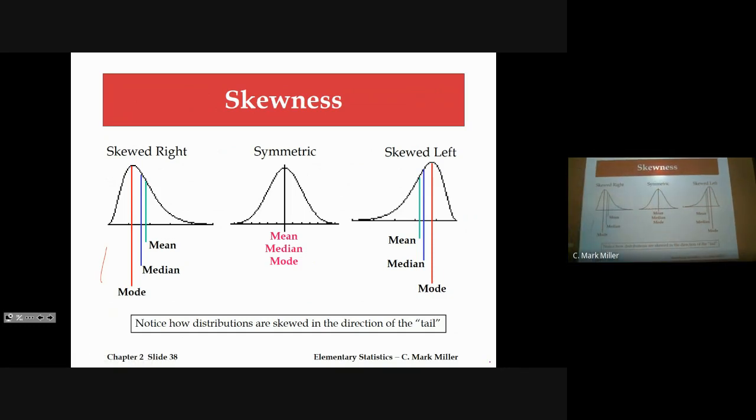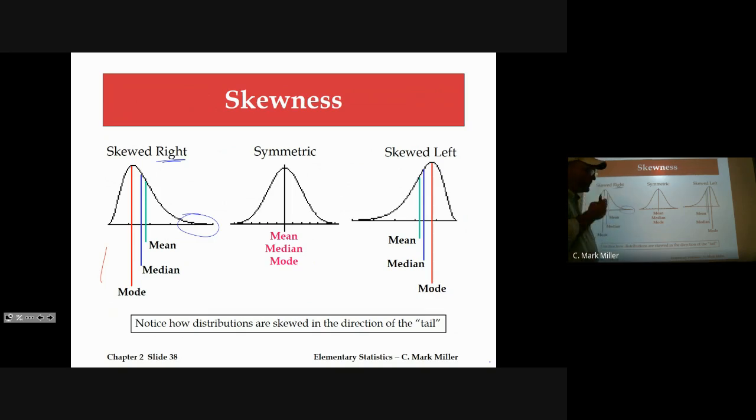I want you to notice the order, say here on the left, if you have something that is skewed right, that means that the thinner tail of the data is on the right, okay? And the clump of the data is on the left. Now, the thinner tail is where the outliers are going to be.